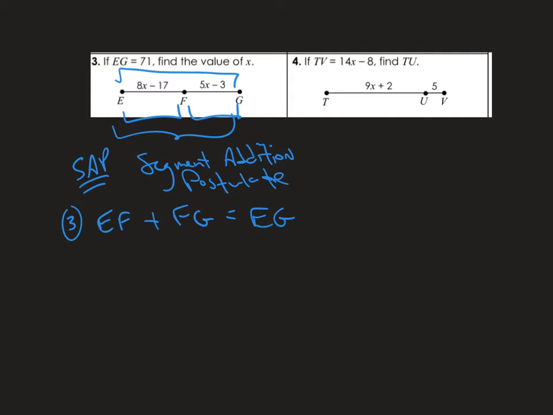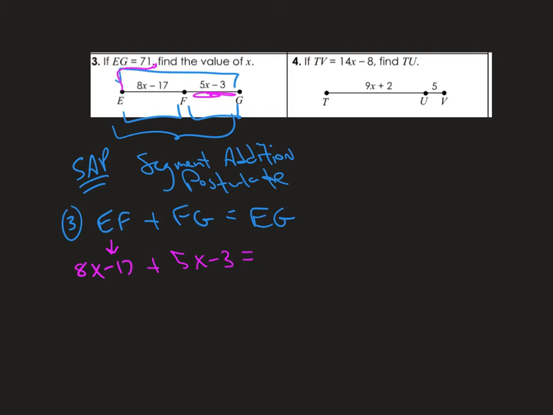Now what? Let's go figure out what they've given me. They've given me EF. EF is 8x minus 17. No problem. I'm going to substitute that in. So in for EF goes what I know about it, 8x minus 17. I'm going to add that to FG. FG is right here. That's 5x minus 3.